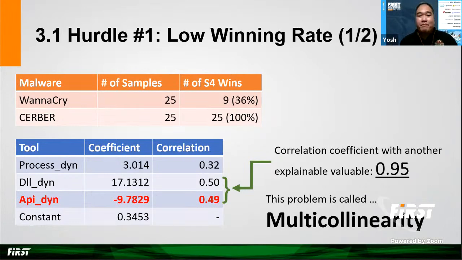Why is this? When we look at other explanatory variables, we found that there was a very strong correlation with another explanatory variable. This problem is called multicollinearity, and it is one of the problems that must be avoided in various machine learning.